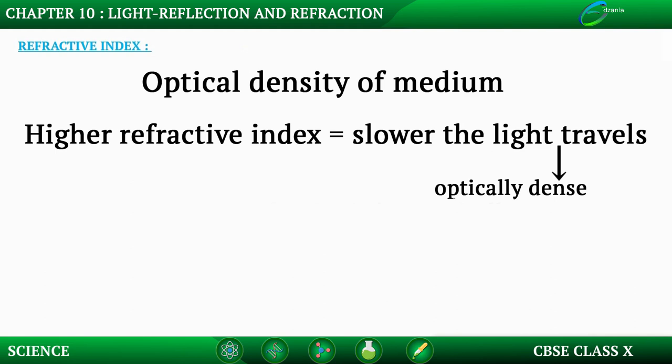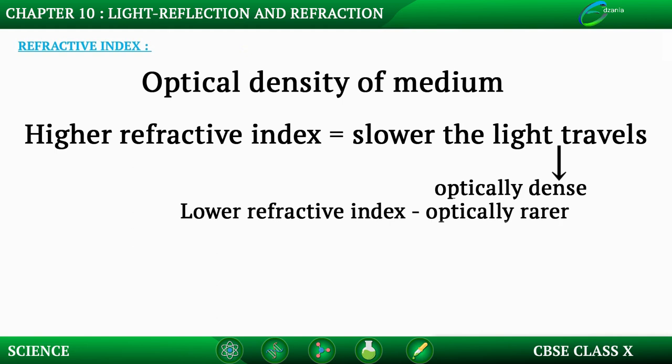Higher refractive index means an optically denser medium where the light will travel slowly, and the other way around, lower refractive index means the velocity of light in that medium is fast, and we will say it is an optically rarer medium.